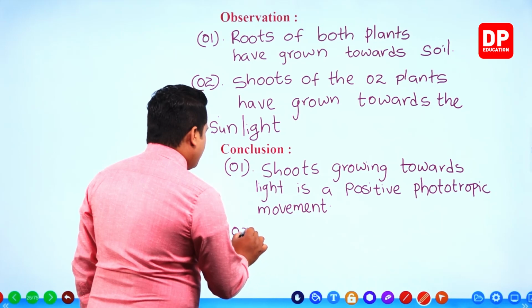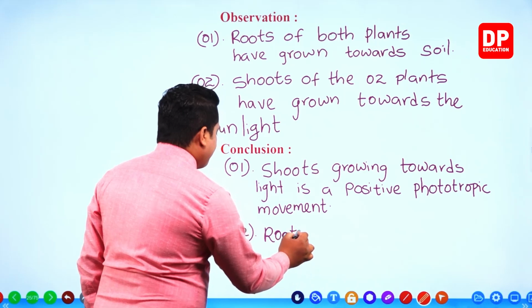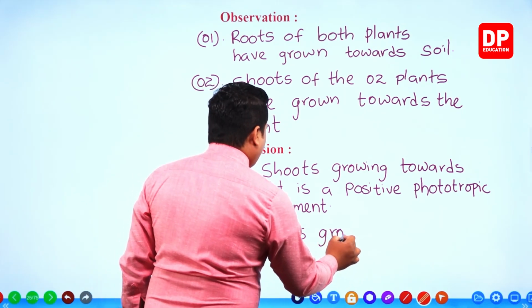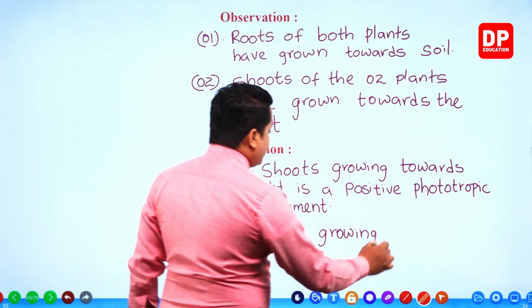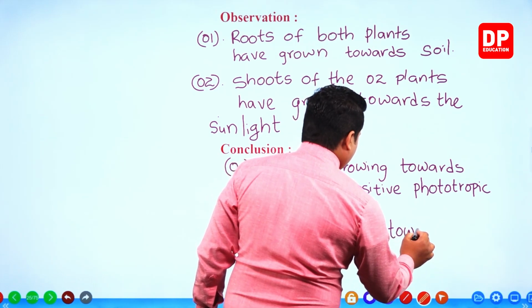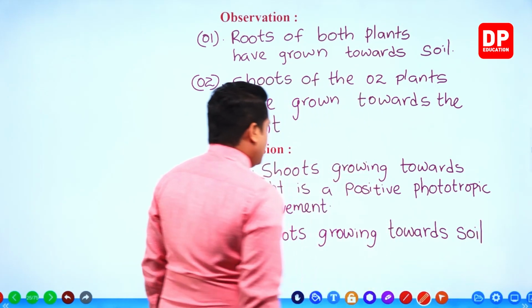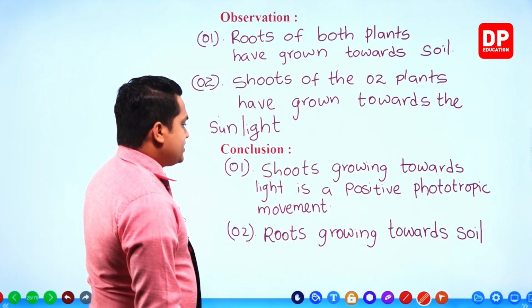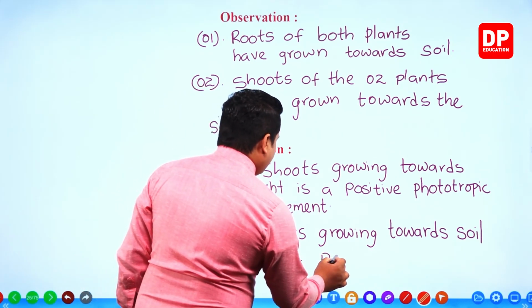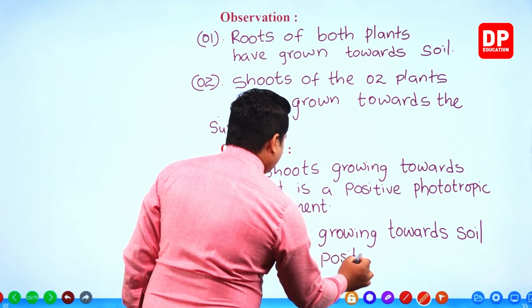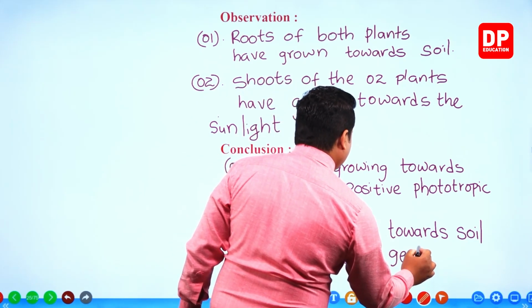Then, my dear children, number 2, roots growing towards soil is a positive geotrophic movement.